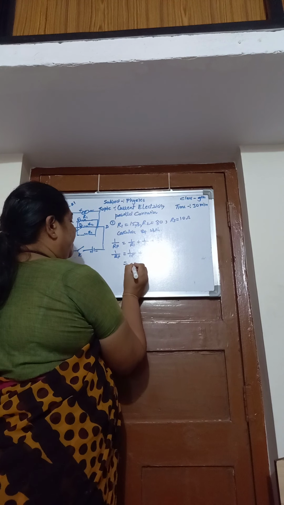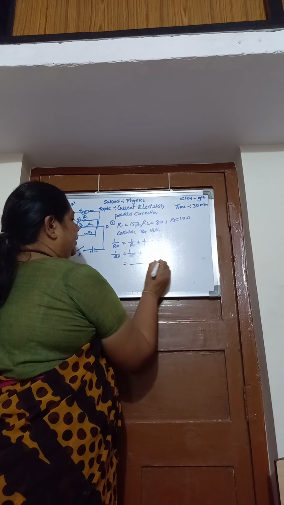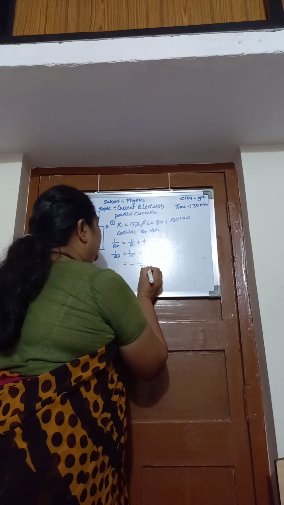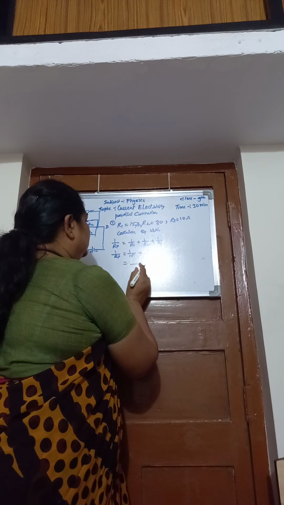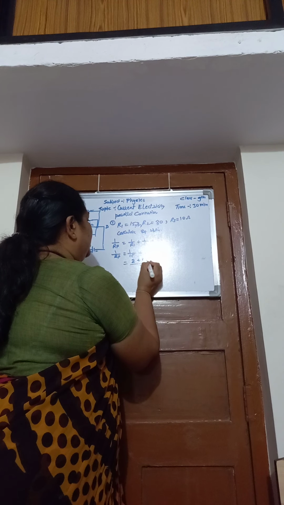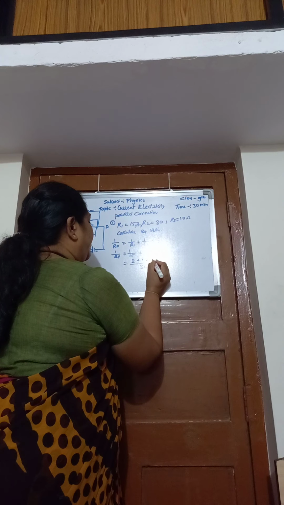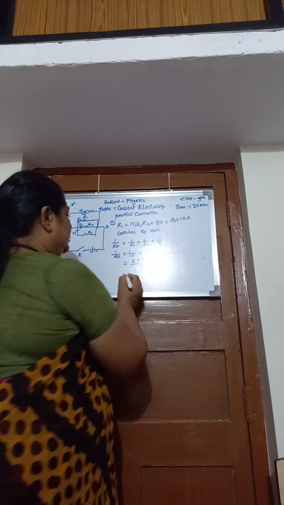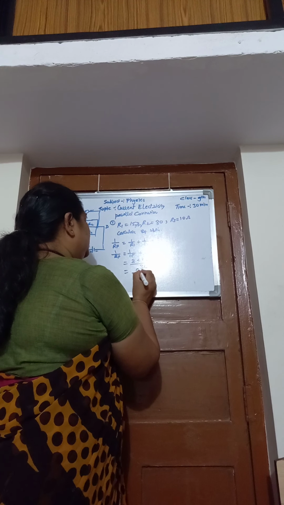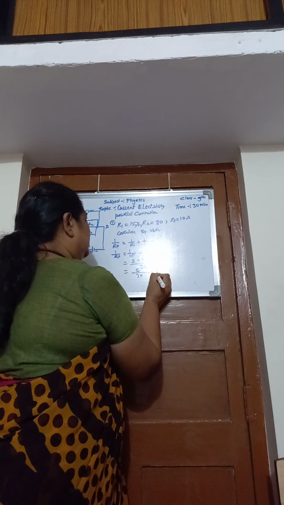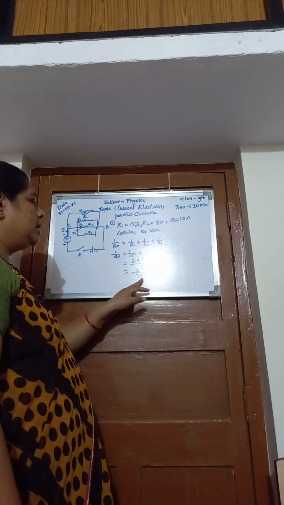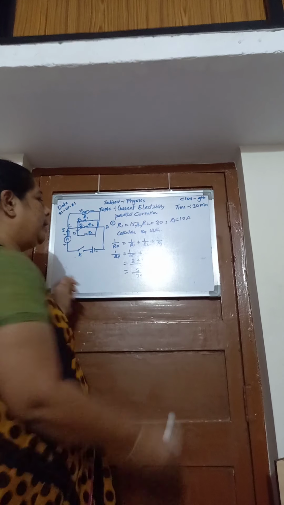Then take the LCM, 30. 2 plus 1 plus 3, that is 2 plus 1 is 3, 3 plus 3 is 6, 6 upon 30, that is 1 by 5 mho.